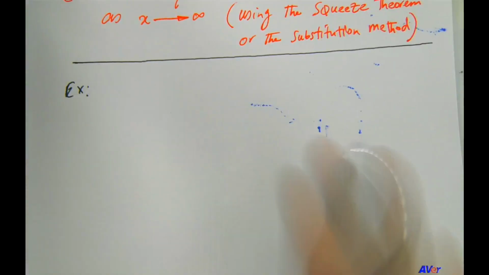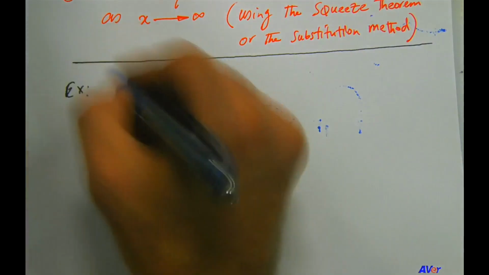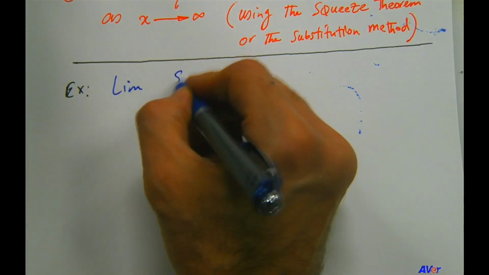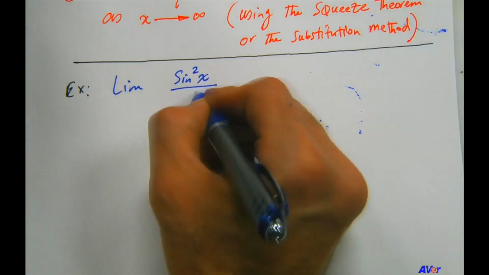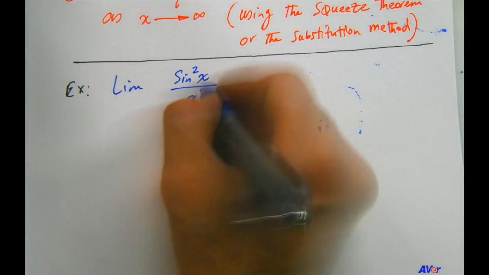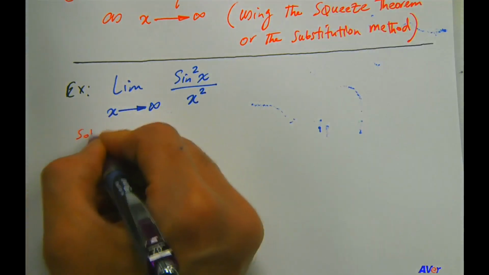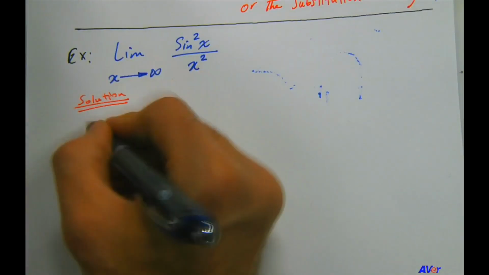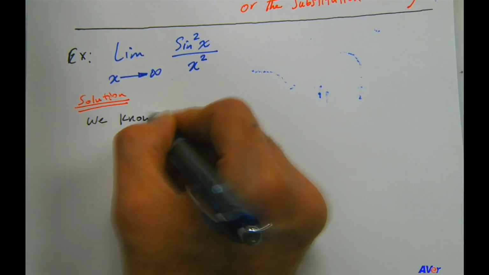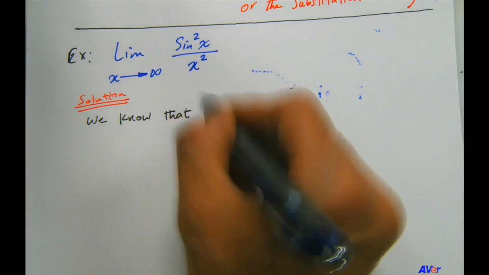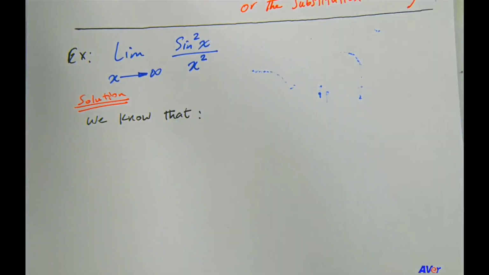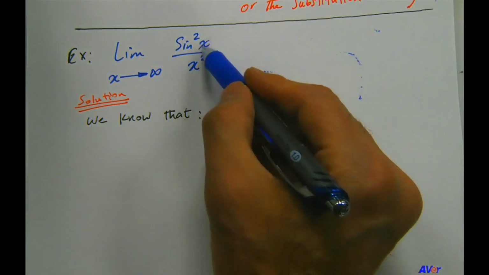Suppose we want to find the limit of sine squared x divided by x squared as x approaches infinity. Okay. Well, first of all, we know from Math 127, from trigonometry, how sine of x behaves, right?